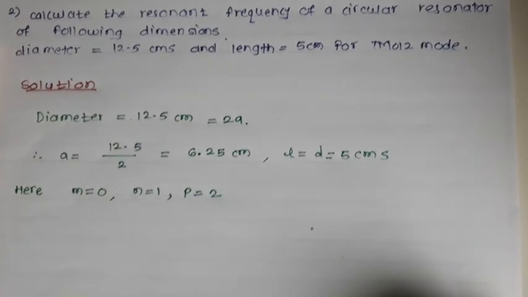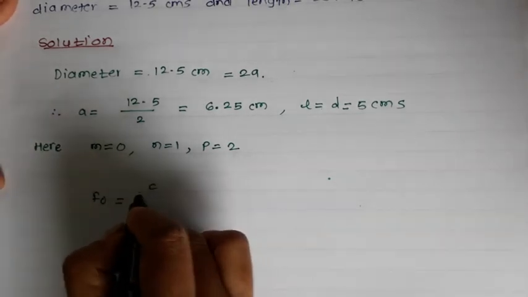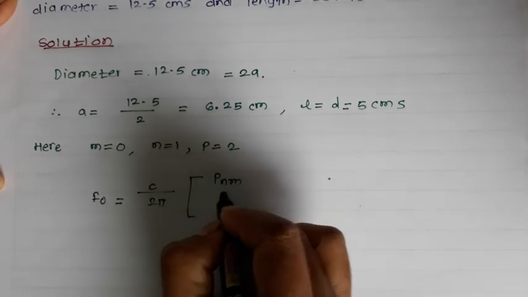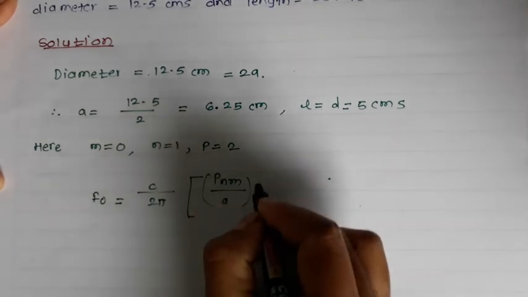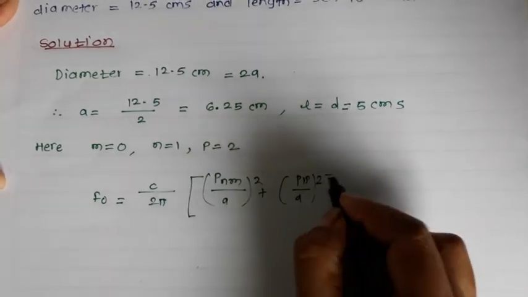Now we know the formula to calculate the resonant frequency for the circular cavity resonator: C divided by 2 pi, times the square root of (P01 by A) square plus (P pi by D) square.